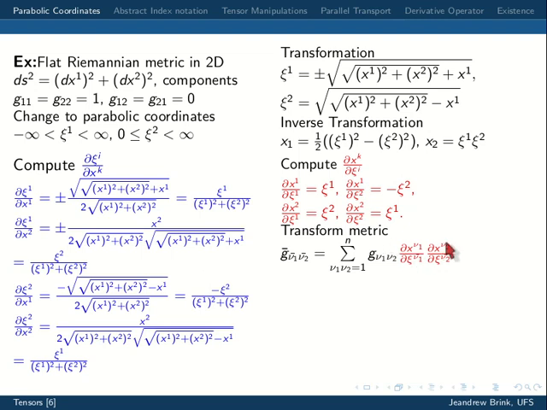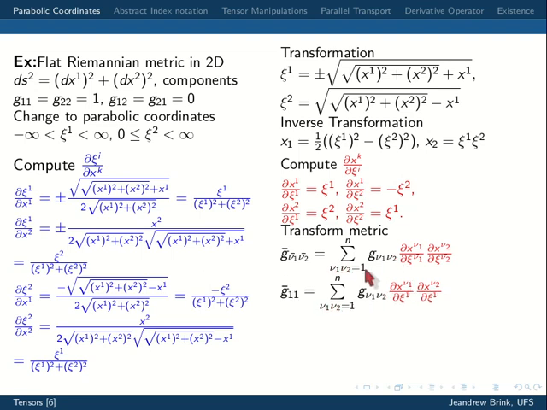So sort that one out. In this case, we can write down the new metric in terms of the metric in the previous coordinates times these two inverse Jacobians. We're summing over components in your metric, so we're summing over V1 and V2.